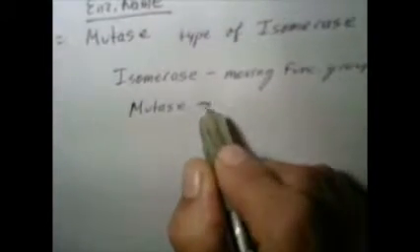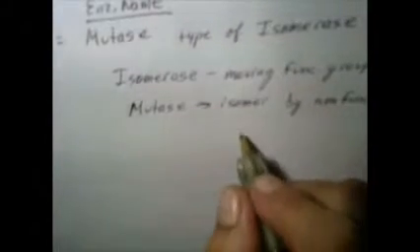When we say mutase, we're still making an isomer, but we're making the isomer by moving a non-functional group. And the non-functional group we're moving in glycolysis is a phosphate.